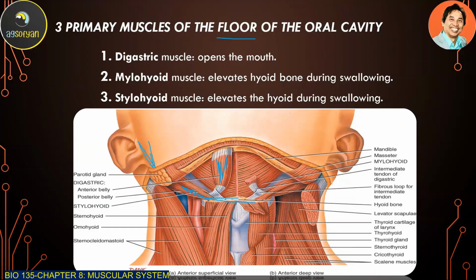So crossing from styloid to the hyoid bone, this is the stylohyoid. Mylohyoid muscles are going to be the big ones over here. It's also going to the hyoid bone over here. So these are the muscles on the floor of our mouth.